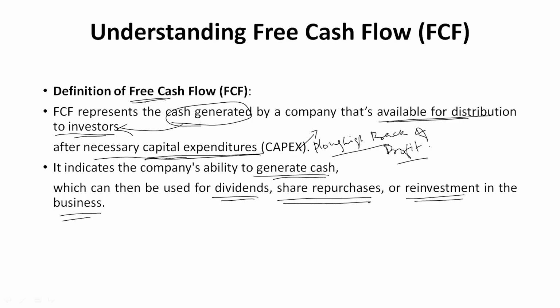One, cash generated which is available for distribution to investors is nothing but your dividends. The second is capital expenditure, which is reinvestment in the business. Here there is a new term which we have introduced: share repurchase, otherwise called buyback of shares.